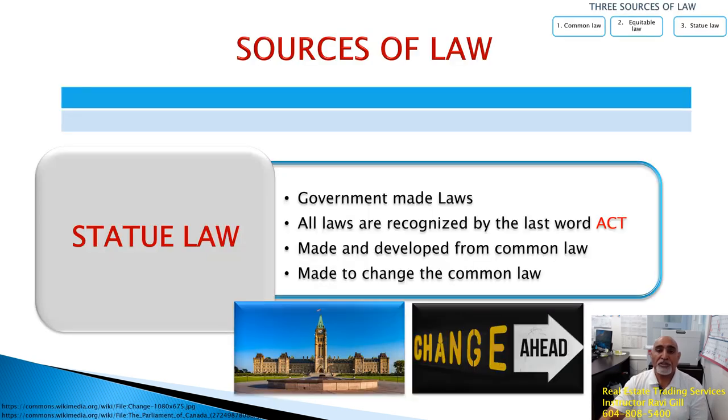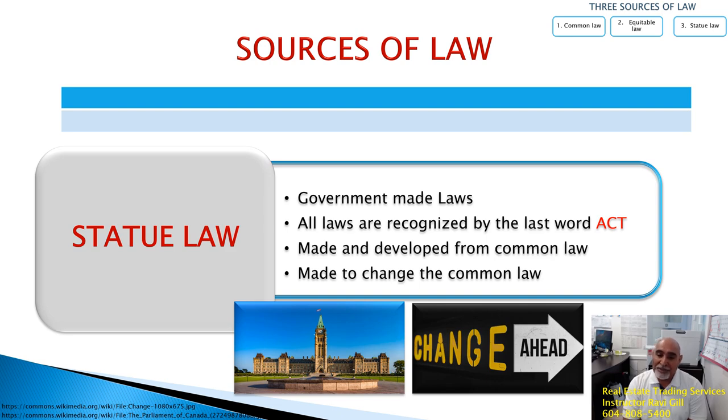Okay, so sources of law, the last one, is called statute law. Statute law was developed by the governments, either provincial government or municipal government, or by the federal government. Anything that's called a statute law has the word act, A-C-T, as the last word of that law.